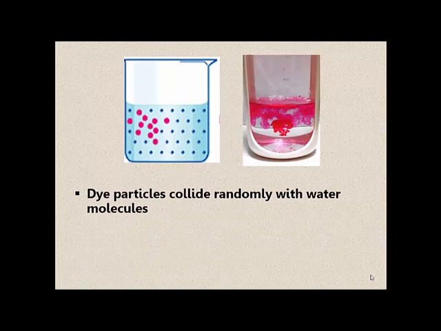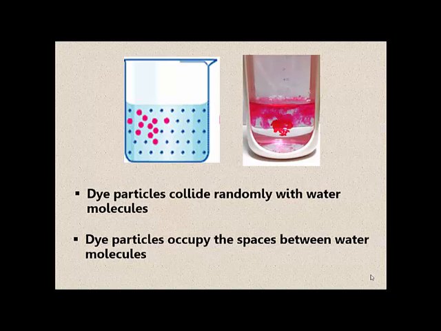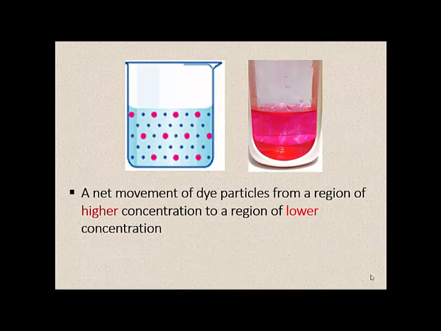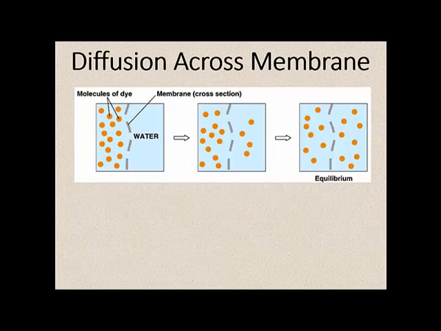Dye particles collide randomly with water molecules, and they occupy spaces between water molecules. A net movement of dye particles from a region of higher concentration to a region of lower concentration occurs. And thus, we say that diffusion has occurred.